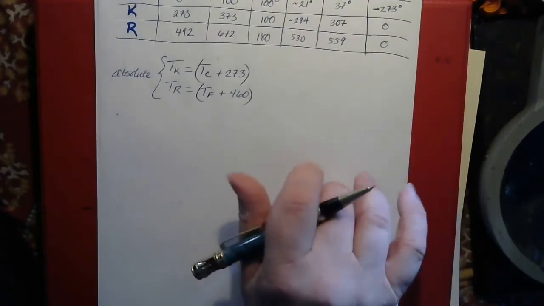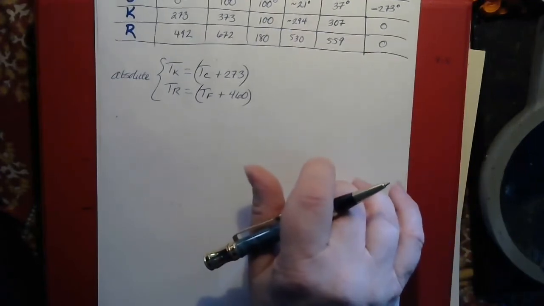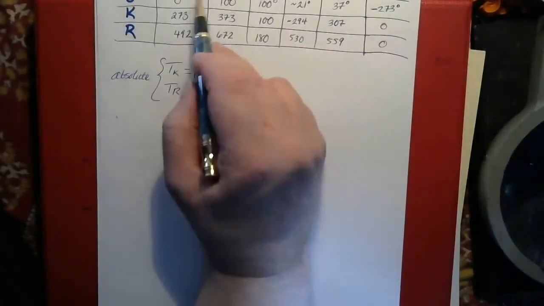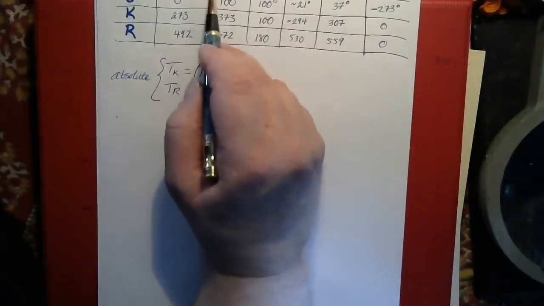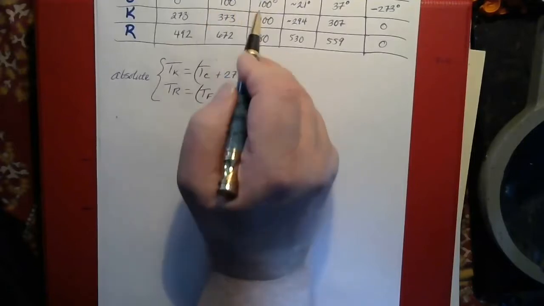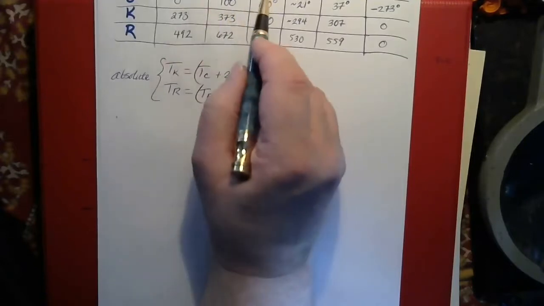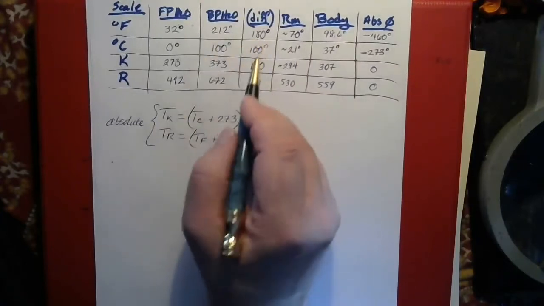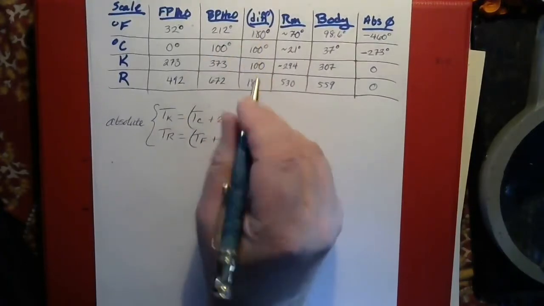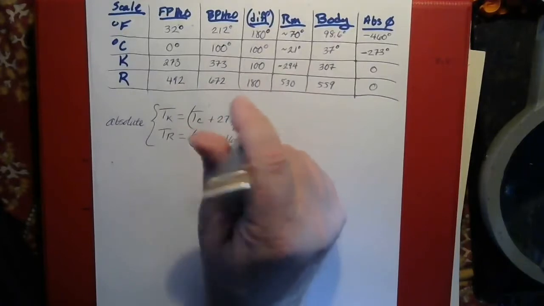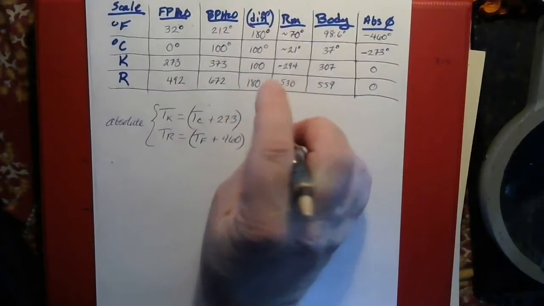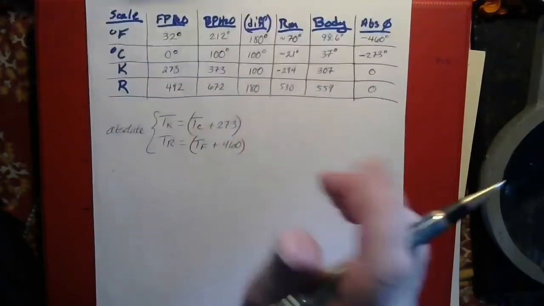And you also have to compensate for the different size of each degree. If you look at the difference between the boiling point and freezing point of water, you'll see it in action. 100-degree difference in Celsius is 180-degree difference in Fahrenheit. And so what that means is that each Celsius degree is about 1.8 degrees Fahrenheit.